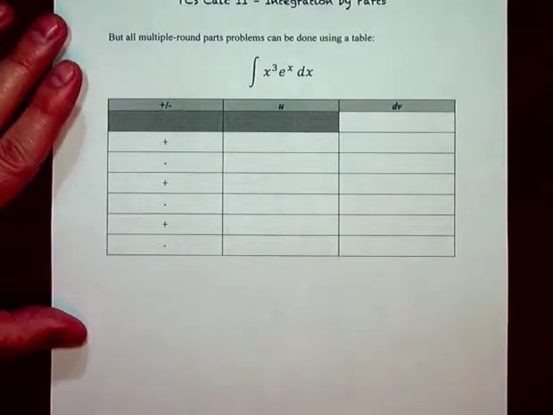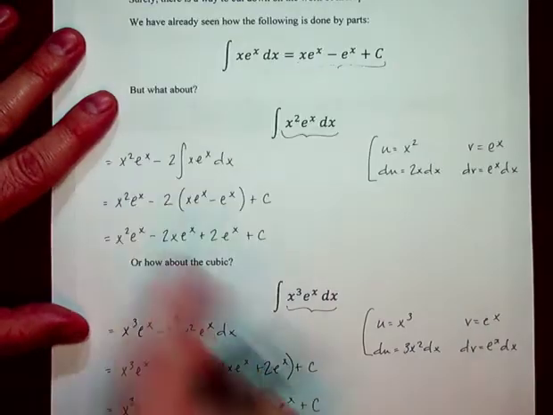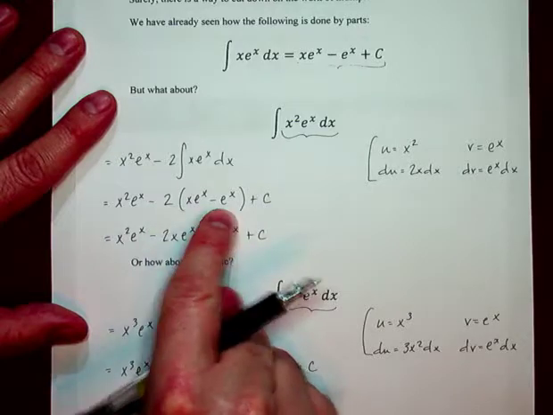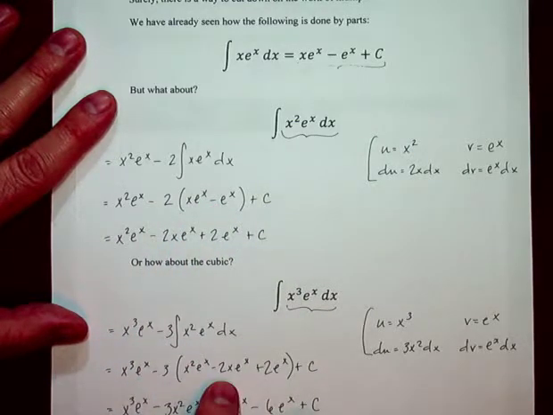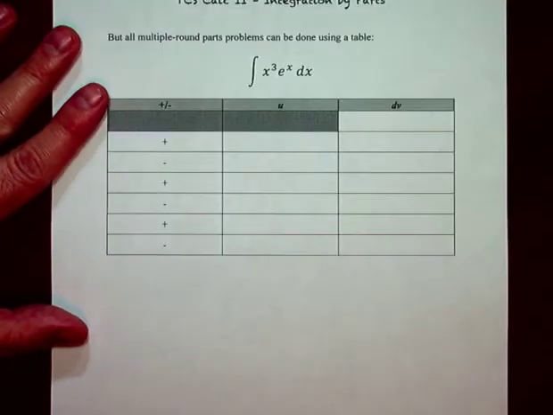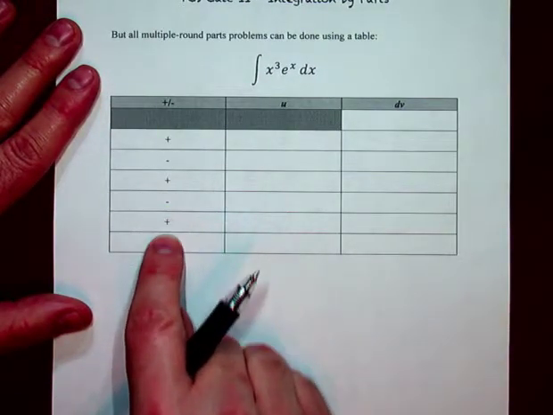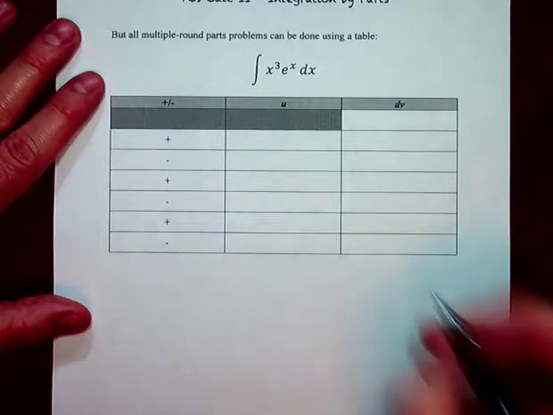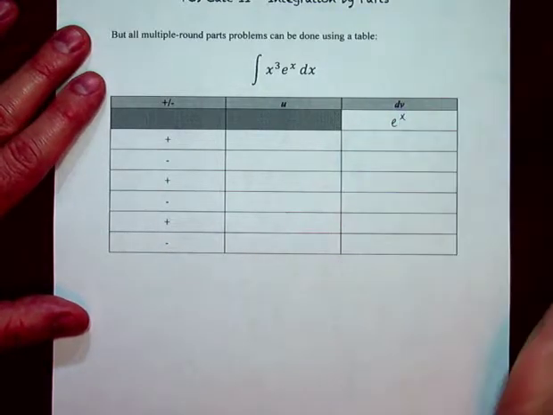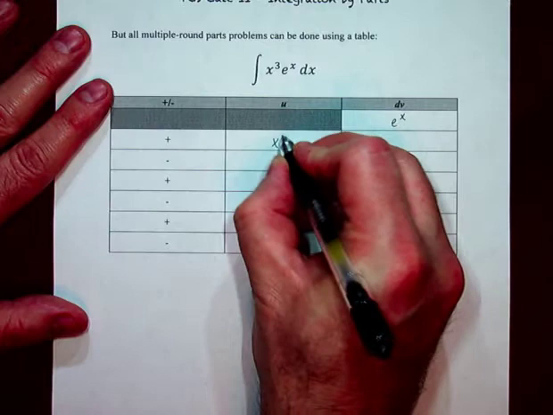But remember that every time you're doing this, you are distributing this negative across, right? And so by necessity, the sign will flip-flop: positive, negative, positive, negative. So what we did is we just plopped e to the x in here and x cubed in here.